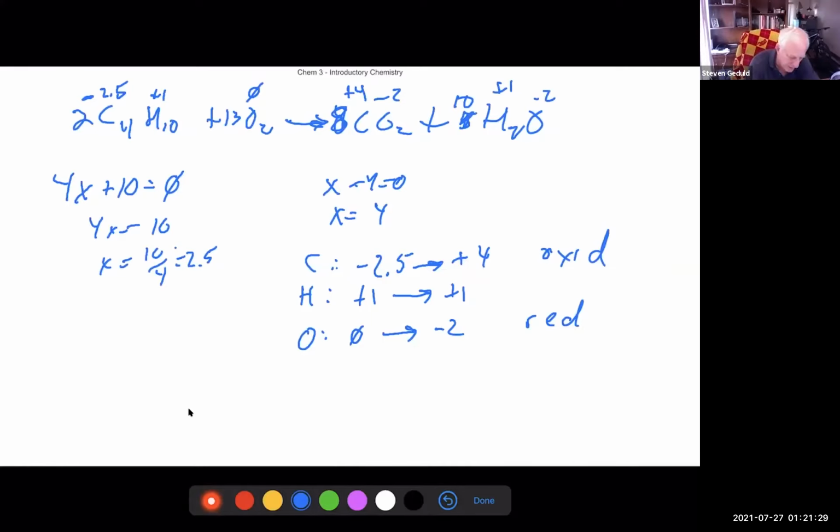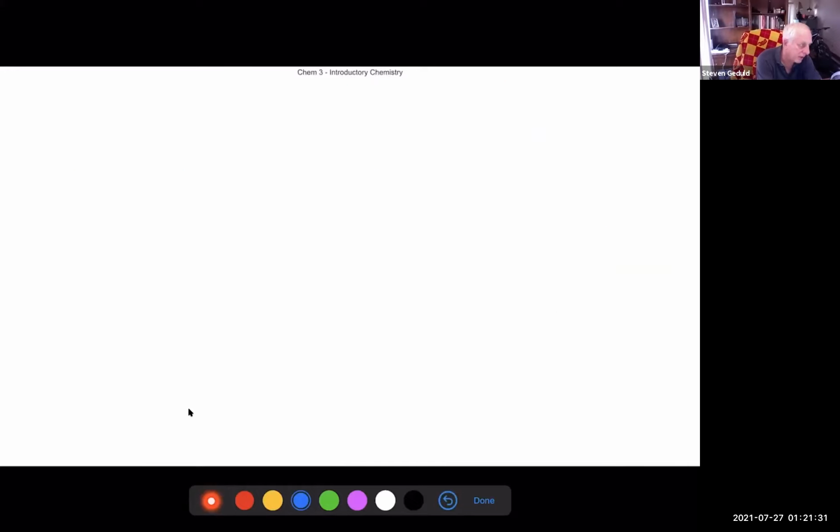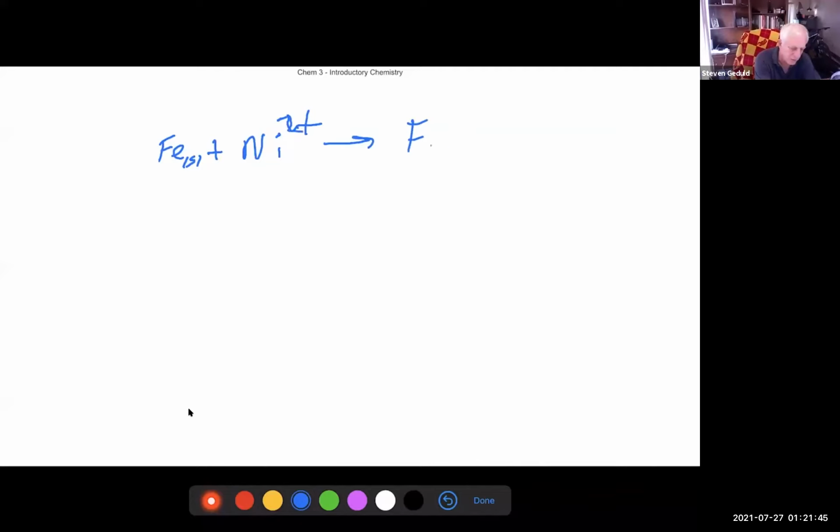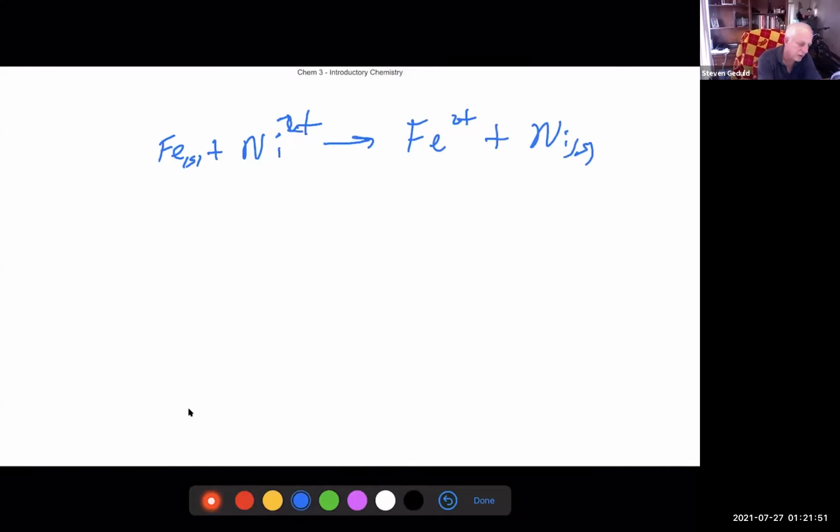In other words, say we had iron, solid. So we dip an iron metal into a nickel solution, Ni+. It would form Fe2+ and nickel solid. It would plate it, like electroplating. If we took iron 2+ and put it with nickel solid, we would get no reaction.